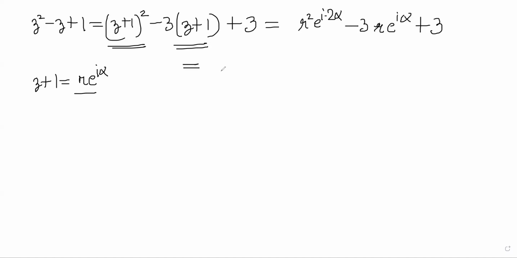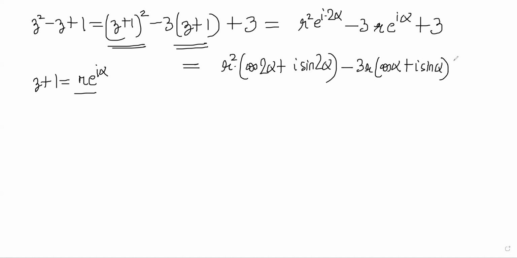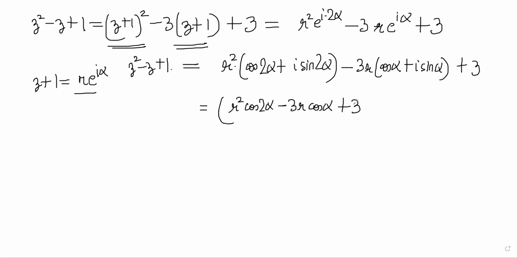Right? So this becomes basically r square cos 2 alpha plus i sine 2 alpha minus 3r cos alpha plus i sine alpha plus 3. That is your z square minus z plus 1. Now simplify this a little because we have to take the mod of this expression. So we can write it as r square cos 2 alpha minus 3r cos alpha plus 3 plus i times r square sine 2 alpha minus 3r sine alpha.